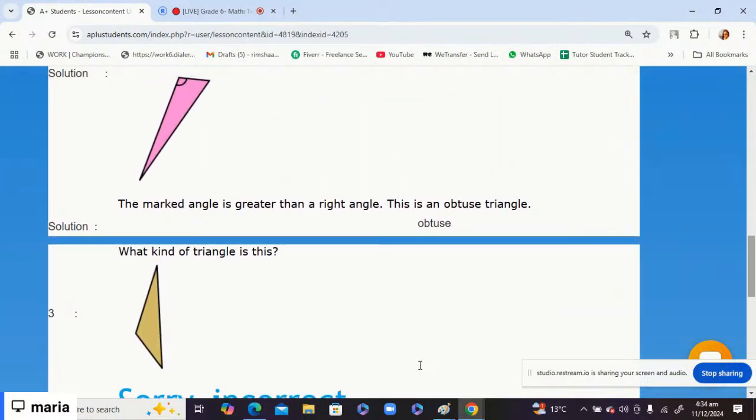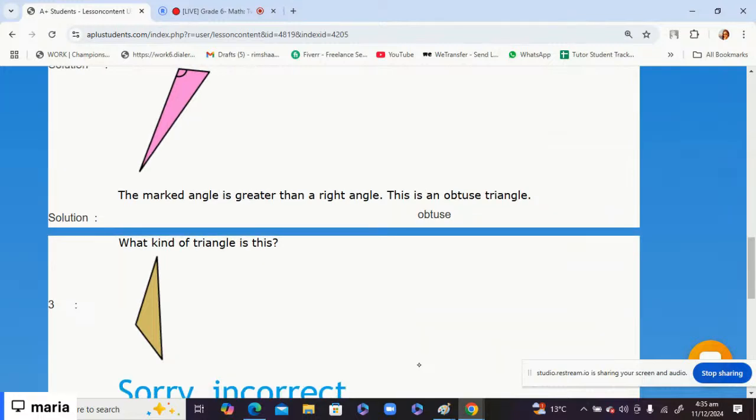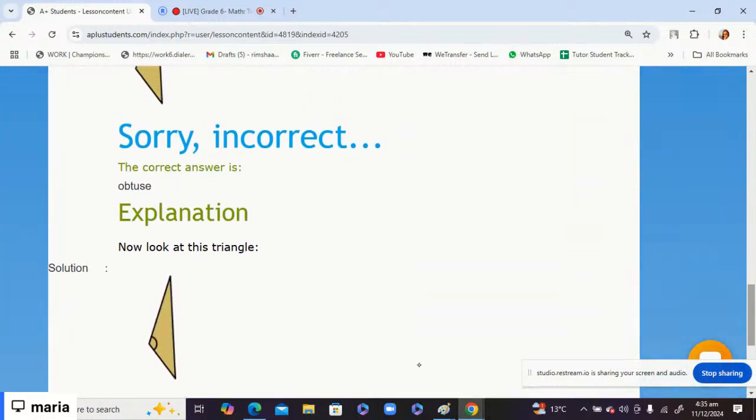Now here is a straight line and here it's involved. Look at this side here. If it's 90 degrees, the line is here, so this is obtuse because this is greater. Okay, understand?